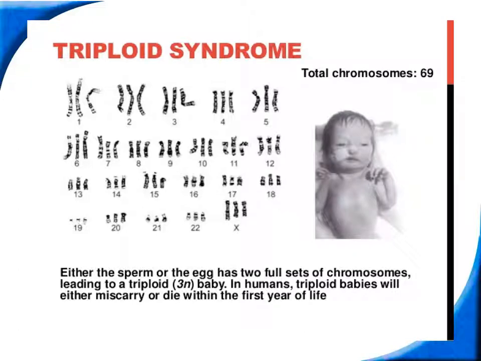Here is an example where there's an extra chromosome in every single set. So in our 23, which should be pairs, we now have 23 triplets. And as you read below, and this is nothing that you need to write down in your notes, these babies who have the triploid syndrome usually do not survive.